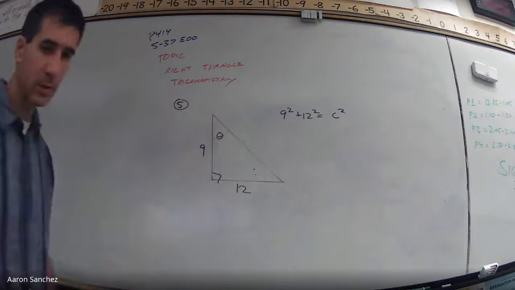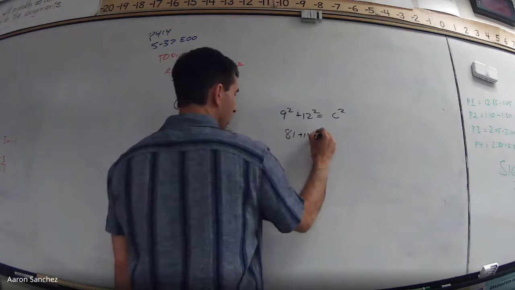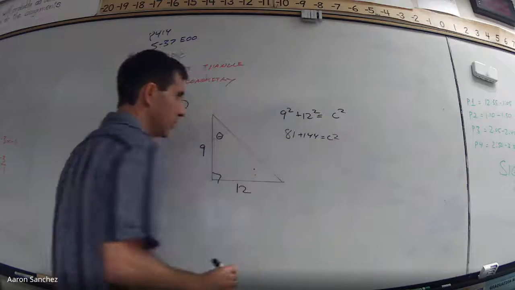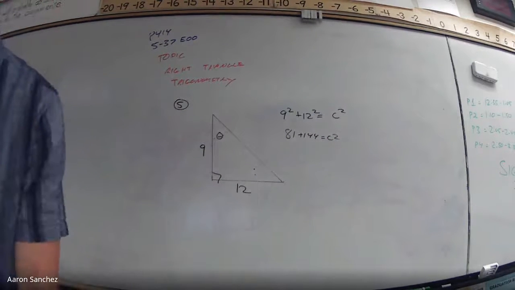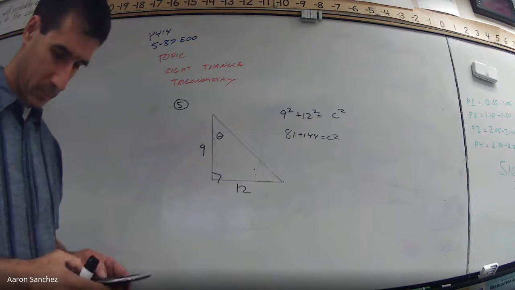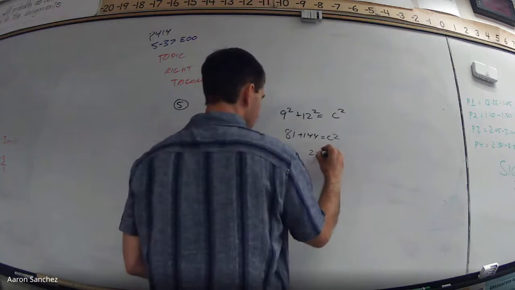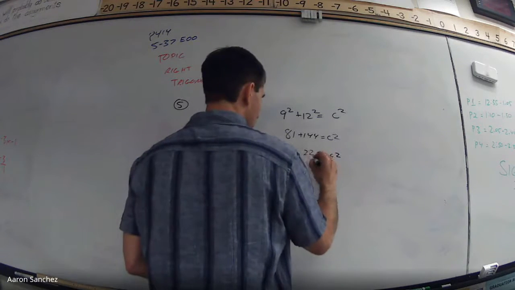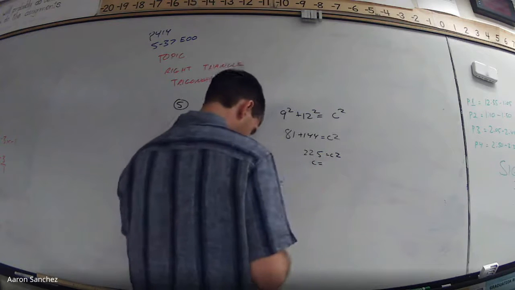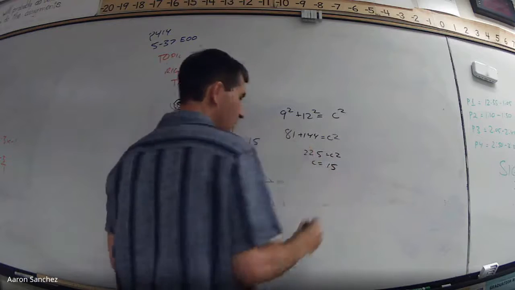C squared, right? 81 plus 144 equals C squared. 225. So C equals 15. So we got that. So we solved using the Pythagorean theorem.